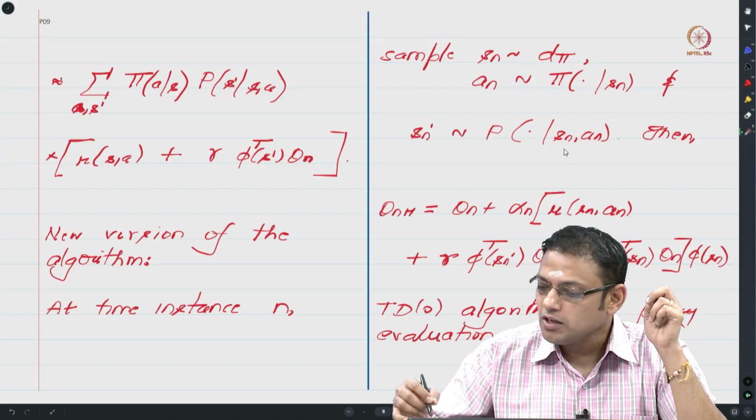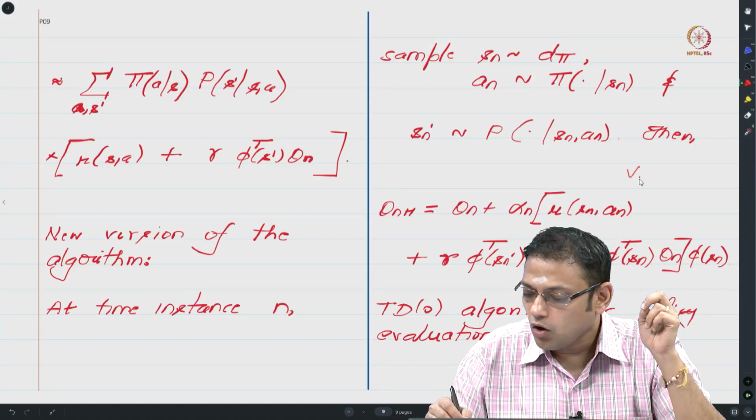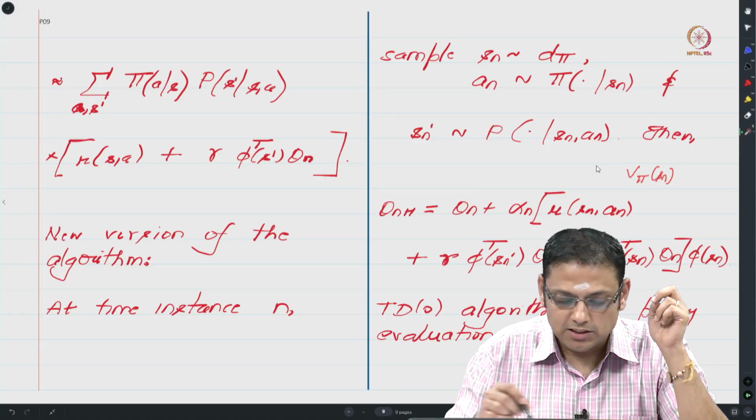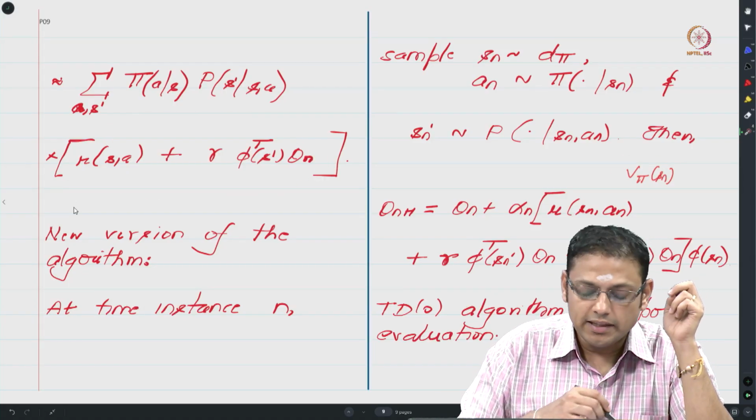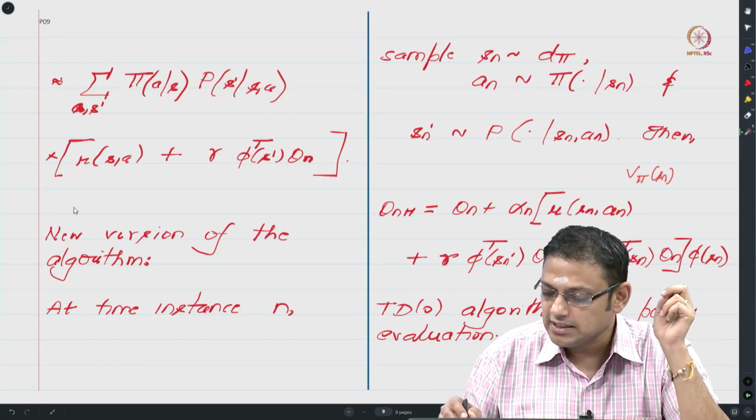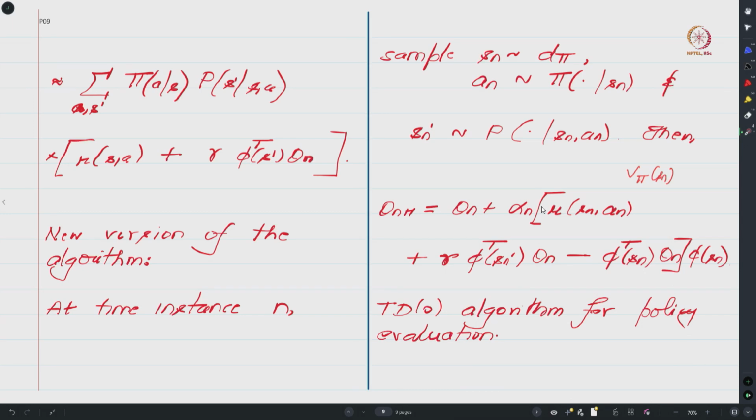Wherever we had V pi of Sn, we have replaced this quantity with the quantity over here: R(Sn, An) plus gamma times phi of Sn prime times theta n. So this quantity has replaced V pi of Sn.